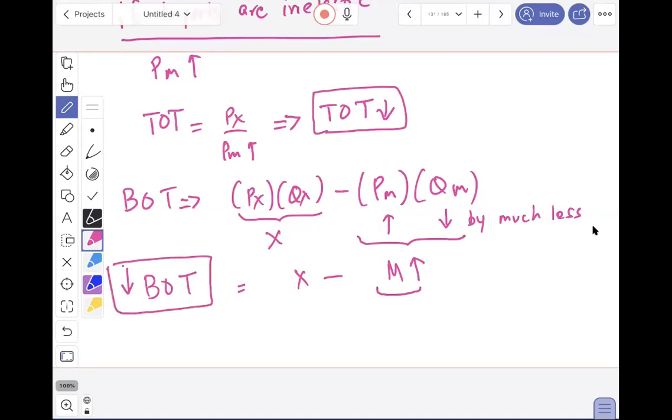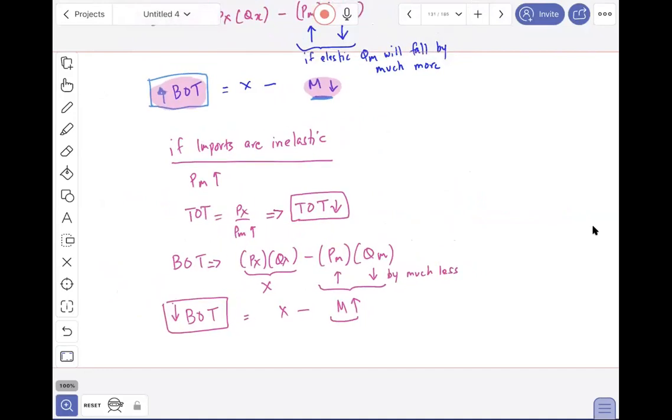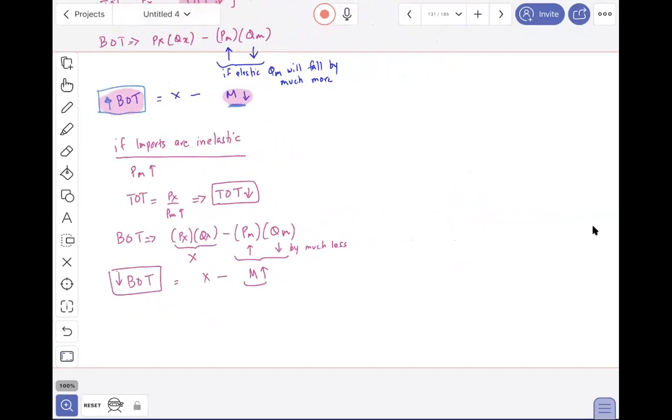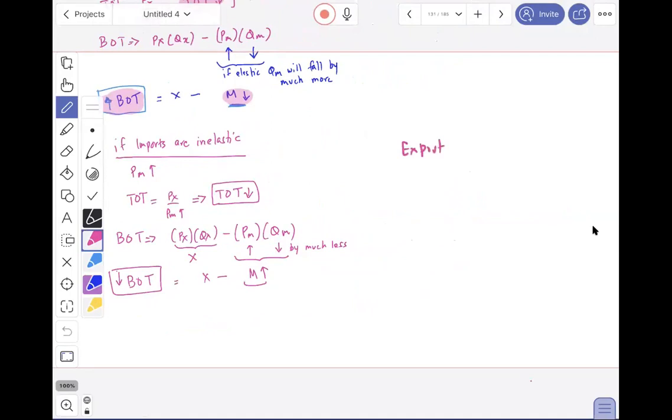Do you guys get that? Does that make sense? So this is the story here that we've just made. I can make a table, by the way. I can say exports: elastic, inelastic, and imports: elastic and inelastic.